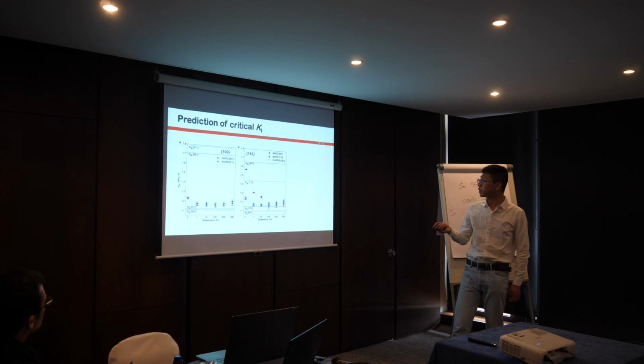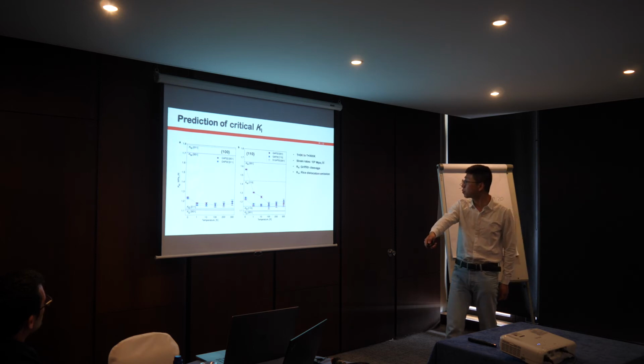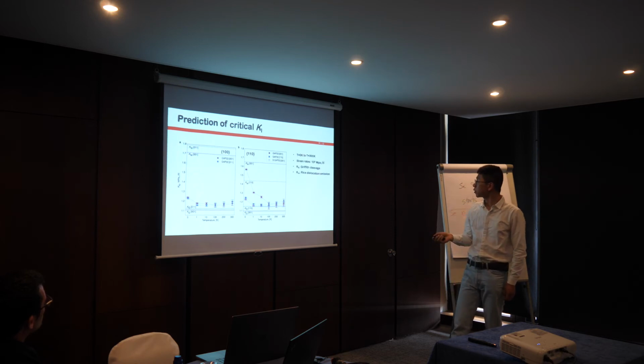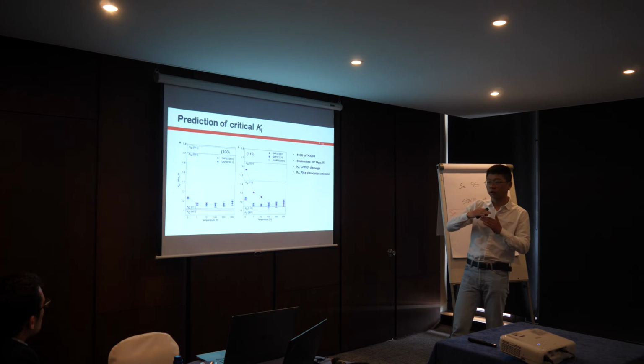And we predict the critical K under different temperatures from 0K to room temperature, and the strain rate is 10 to the power of 9. The solid line here is the Griffith criterion, and K_Ie is the Rice criterion for the crack tip to emit a dislocation.